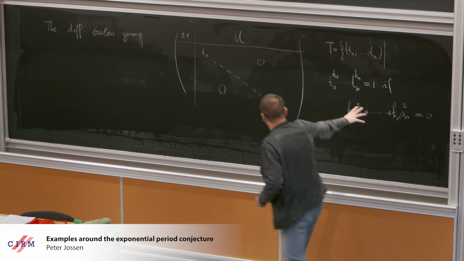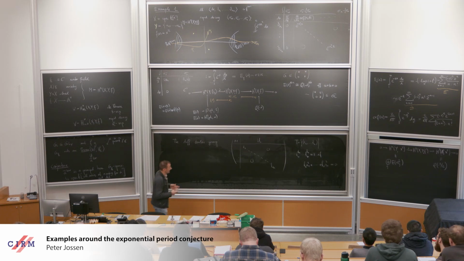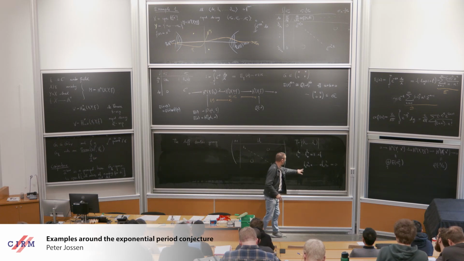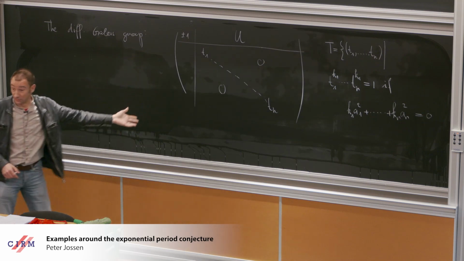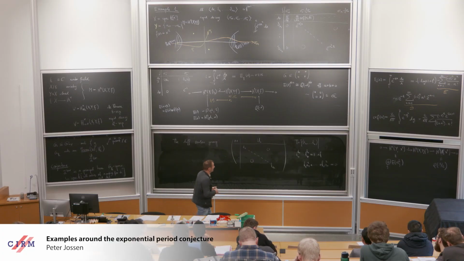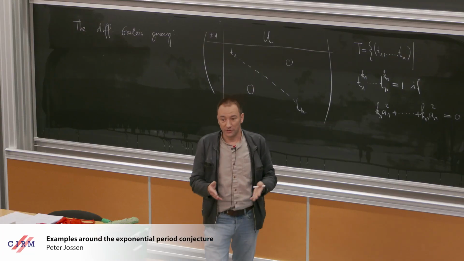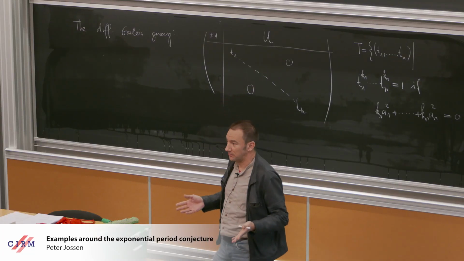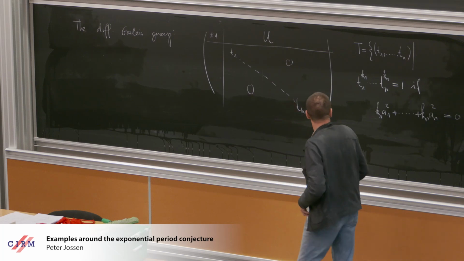So whenever you have a Z-linear combination of a_1 squared up to a_n squared, then this Z-linear combination imposes a multiplicative relation on the characters of the torus. You can say also that T is the torus dual to the group generated by a_1 squared up to a_n squared. So its dimension is exactly the rank of this group.